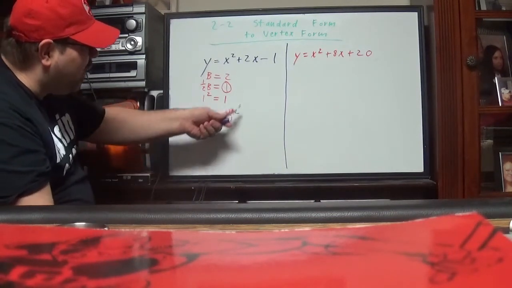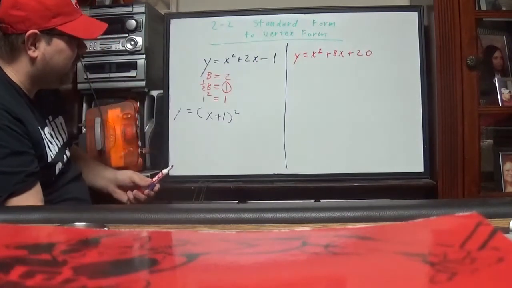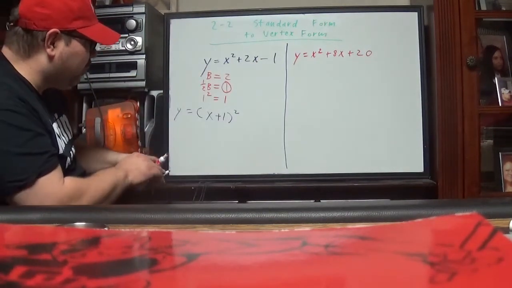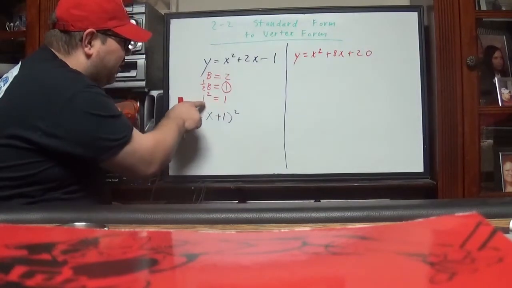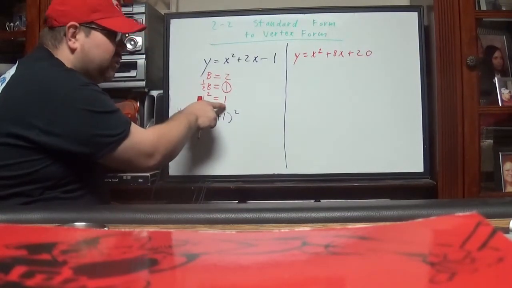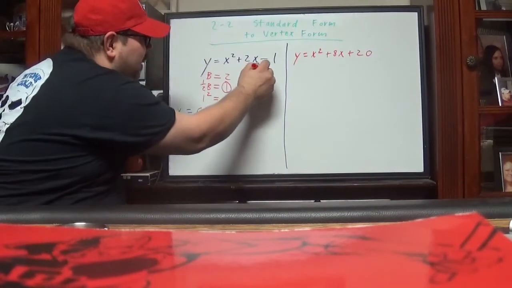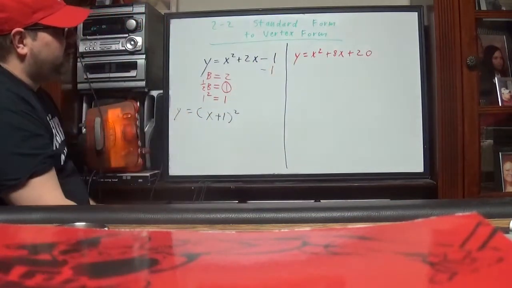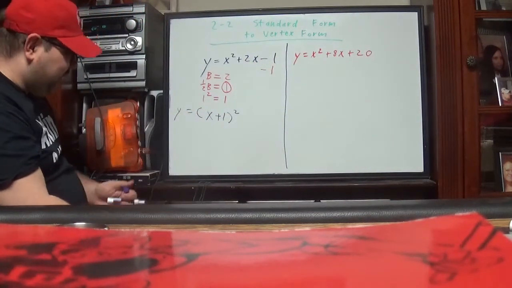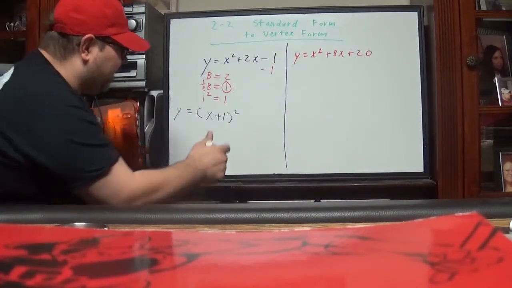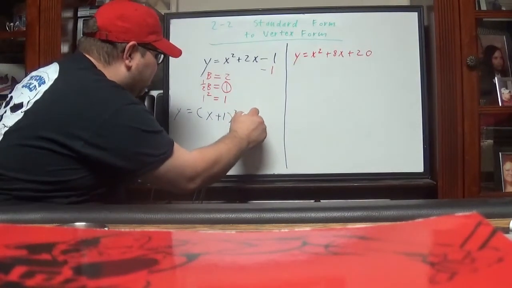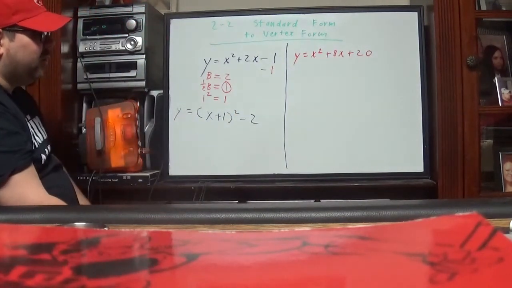Now to find our constant, right now we have a negative 1 out here, or minus 1. Well, what we're going to do is take the 1 squared, which is 1, and we're going to subtract it from the constant. Negative 1 minus 1 is, of course, negative 2. And then that is our new equation.